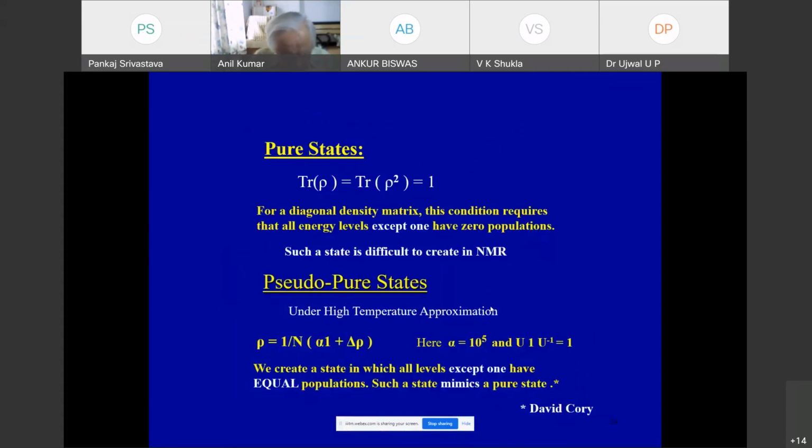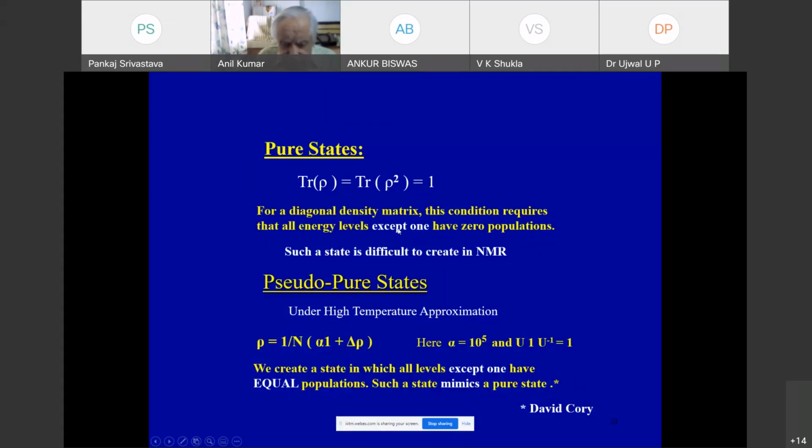We have to use a density matrix description because this is an ensemble that we are looking at, and so we have to look for a pure state. Unfortunately, we don't have a pure state here. A pure state has the characteristic that trace rho is equal to trace rho squared is equal to 1. For a diagonal density matrix, this condition requires that all energy levels except one have 0 population.